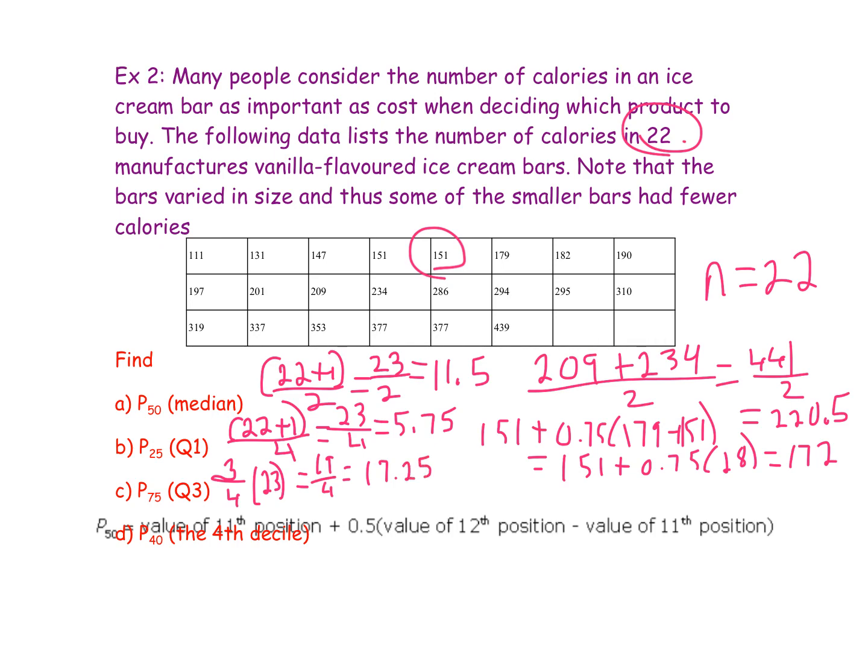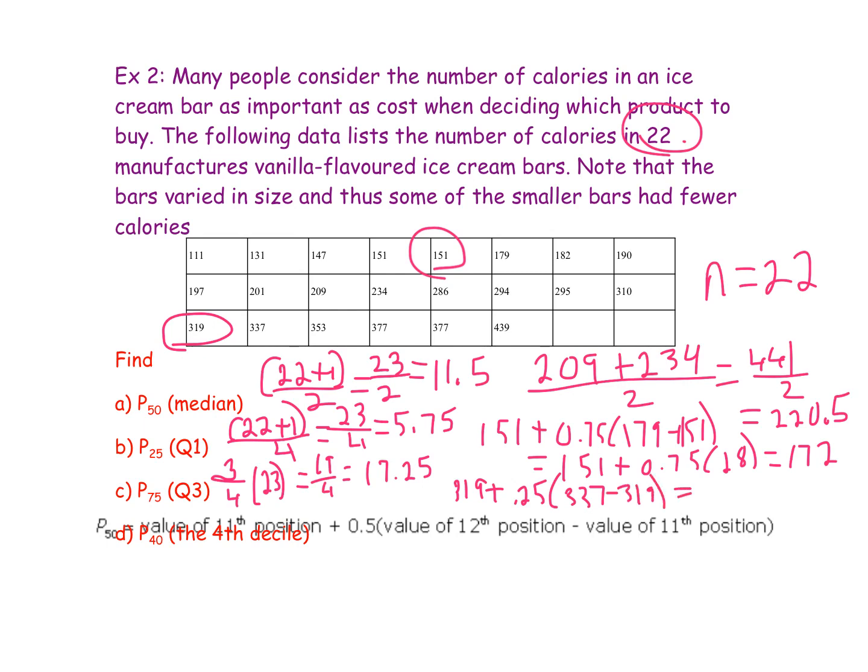And so in that case, we want to count over to the 17th value. So 17 is here at 319. We're going to take 319, and then we're going to add 0.25 of the difference between 337 and 319.